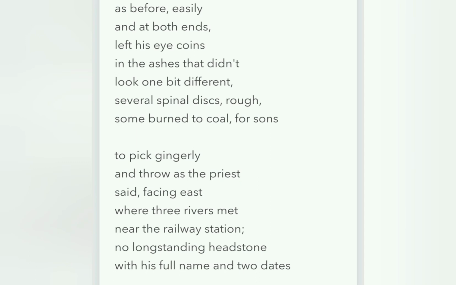And he goes on to describe how they chose not to have a headstone for their father. They didn't think that his full name and two dates would do him justice. So his father has no grave, as his ashes and remains are thrown in the river.